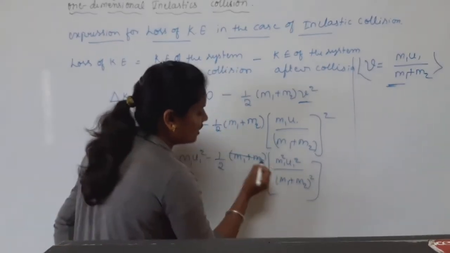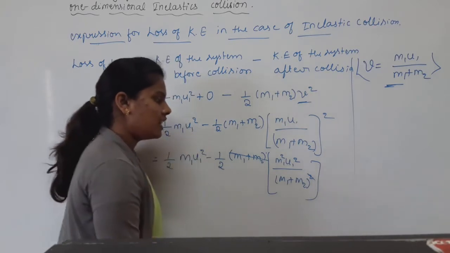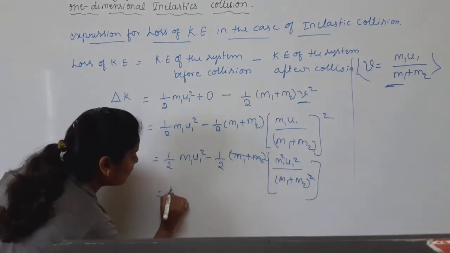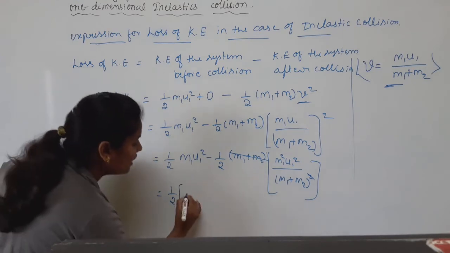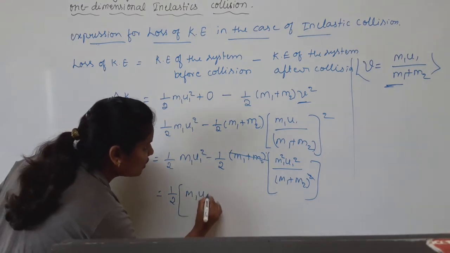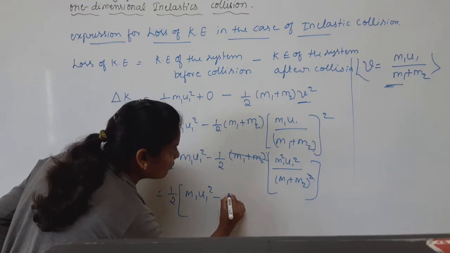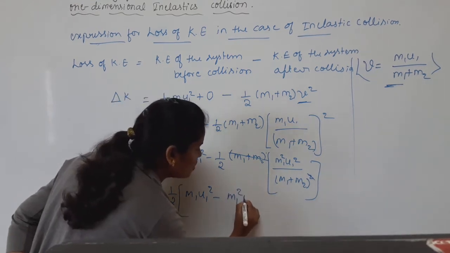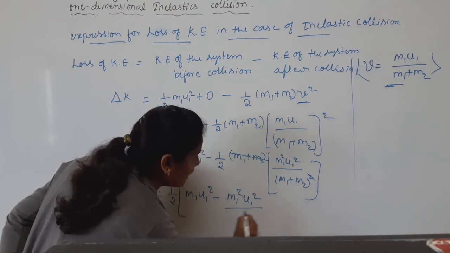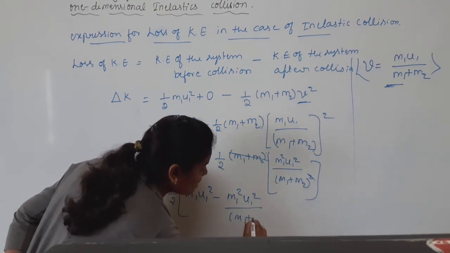Now one factor of (m1 plus m2) cancels. Taking 1/2 outside as common, we remain with m1 u1 squared minus m1 squared u1 squared divided by (m1 plus m2).